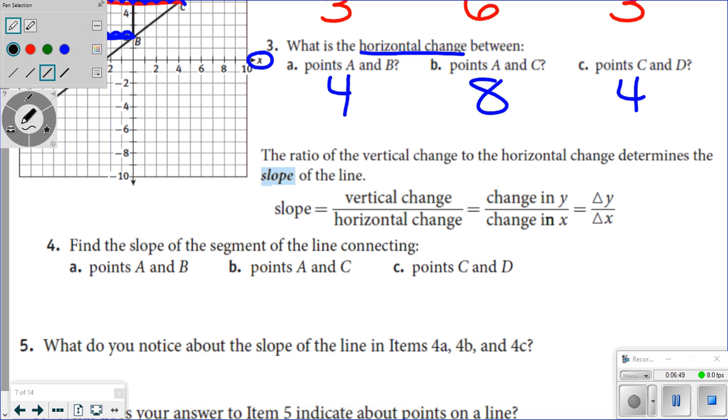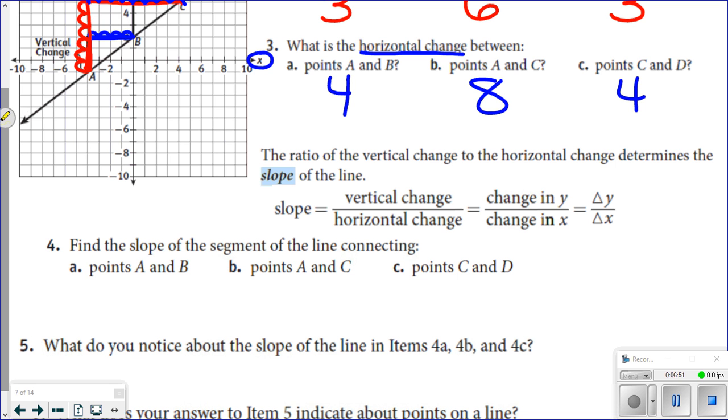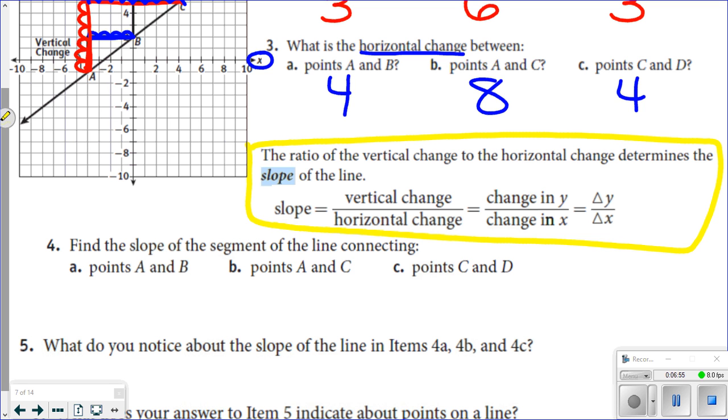This piece of information right here in your book is really important. This tells us all about slope. Slope is the ratio of vertical change to horizontal change. So our slope equals vertical change divided by horizontal change, which is the same thing as change in y divided by change in x.